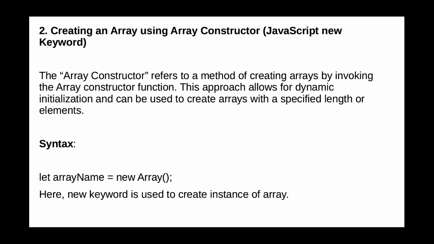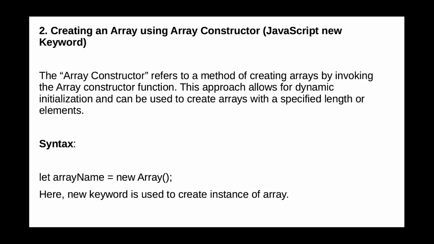So the next is creating an array using the array constructor, by using the new keyword. The array constructor refers to the method of creating an array by invoking the array constructor function. This approach allows for dynamic initialization and can be used to create arrays with a specified length or elements.